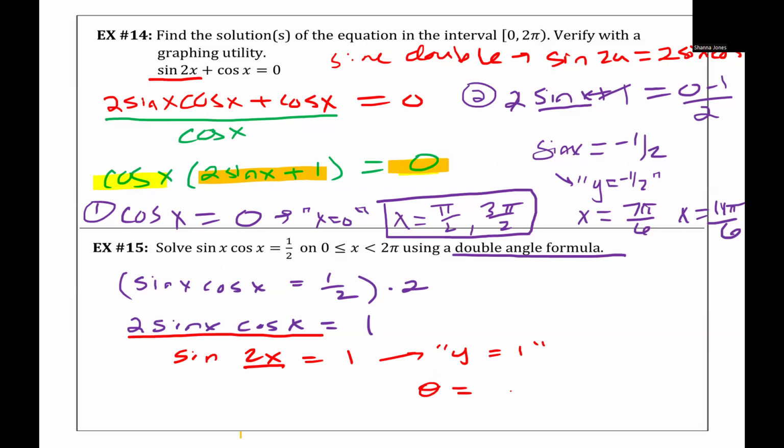When theta is pi over 2, right? And I'm just going to cut this in half. So pi over 2 cut in half gives me pi over 4. Therefore, x would have to equal pi over 4 in order for this to be a true statement. It couldn't be pi over 2 because pi over 2 would now make this into pi. Does that make sense? So the answer would be pi over 4.